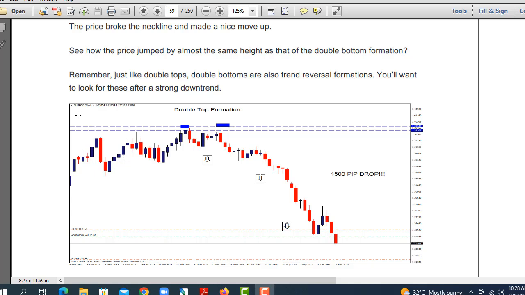All right, guys, taking example from what we have right here, you can see this market here is Euro USD and it's on a weekly time frame. So you can see that once we were able to find this double top here, okay, and then the market starts to come down and break this neckline just around here, okay, so you can see how it's played out so nicely until it came down up to this point, and this is 1500 pips, guys.